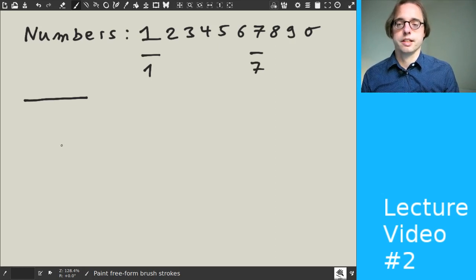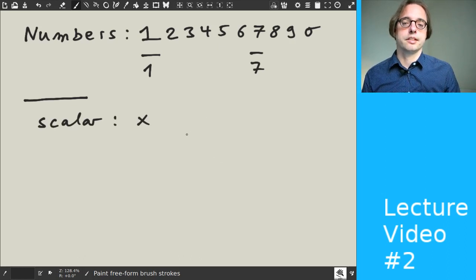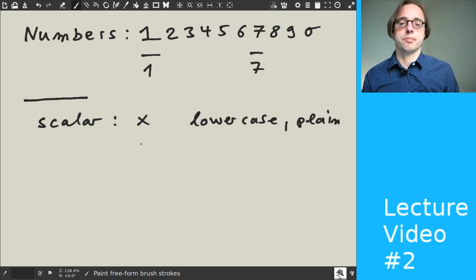Okay, so next we need to figure out how we distinguish matrices and vectors from scalars. So typically if you have a scalar, I would just write x, and that's just a number basically, and that's lowercase and in plain type. If you look at the printed material, it will be lowercase or plain. Sometimes it's uppercase, but most of the time it's lowercase.